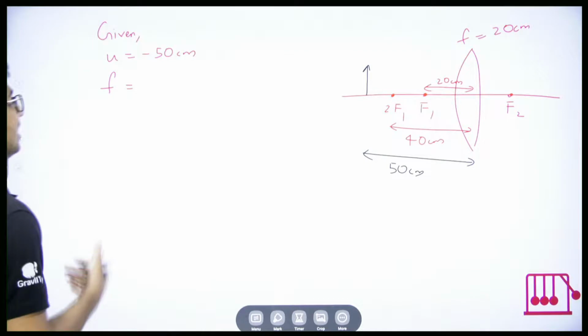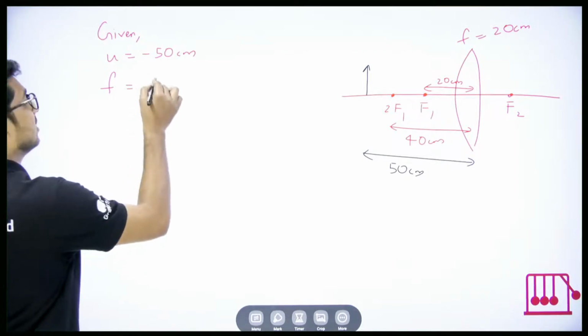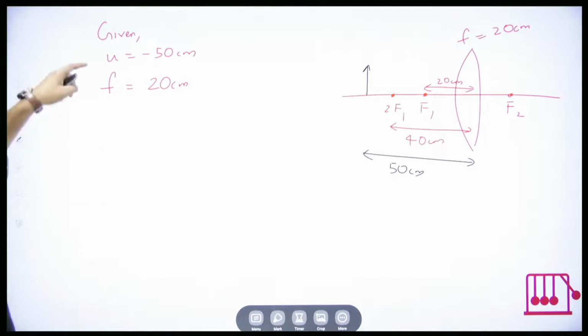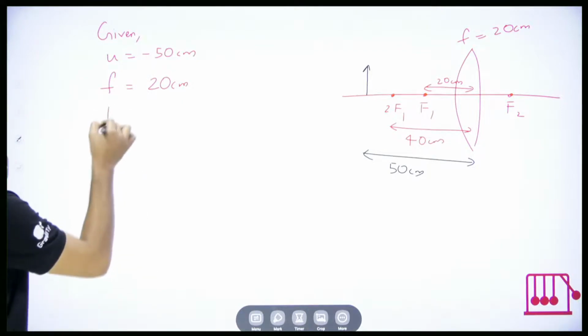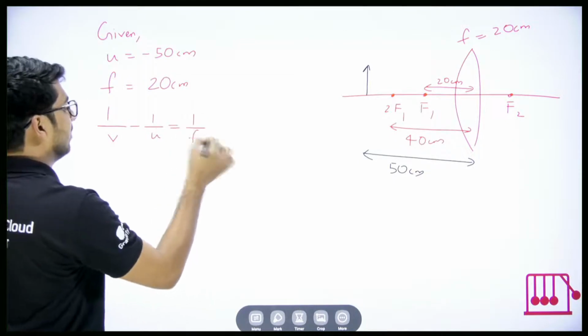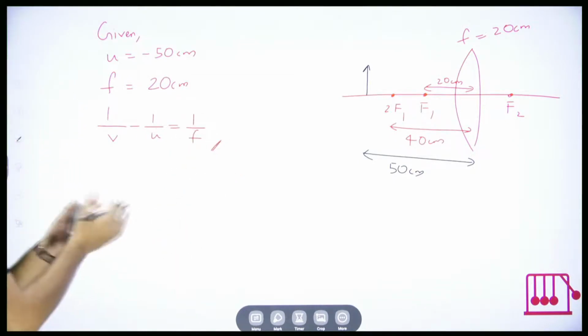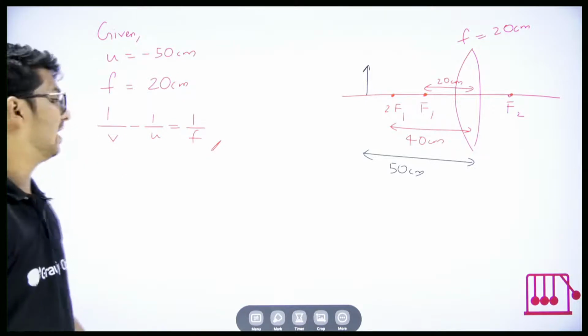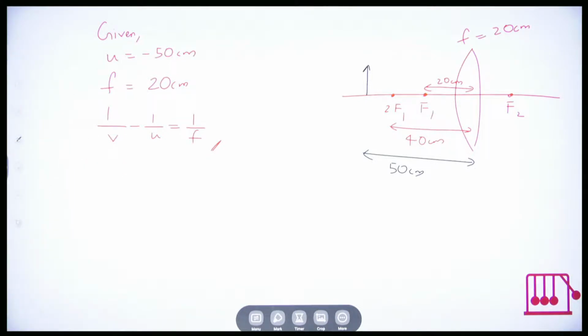So here the focal length for a convex lens is positive, that is going to be 20 centimeter. So you have object distance, and you have focal length. Now we can get the formula. Which formula do we use? We can use 1 by V minus 1 by U is equal to 1 by F. This is the formula of a lens. So everyone please substitute and solve it and let me know the answer.